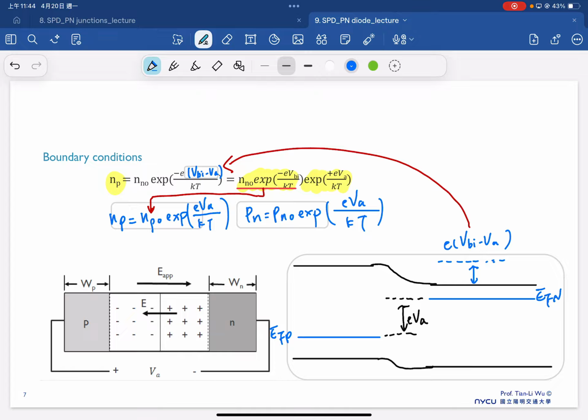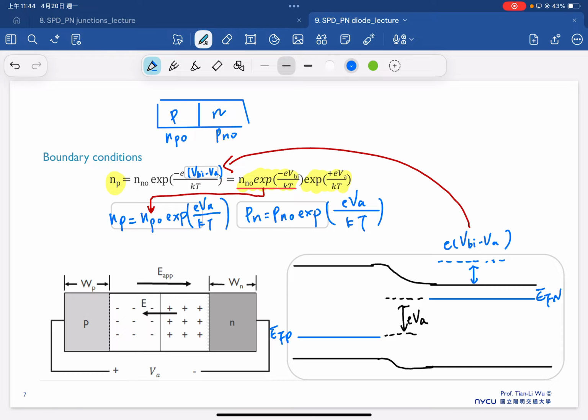So the goal is that originally we already knew, under the equilibrium, the minority carrier on the N side and P side. But now we want to understand the voltage dependency. Under thermal equilibrium we already knew the minority carrier in the P region and also in the N region.